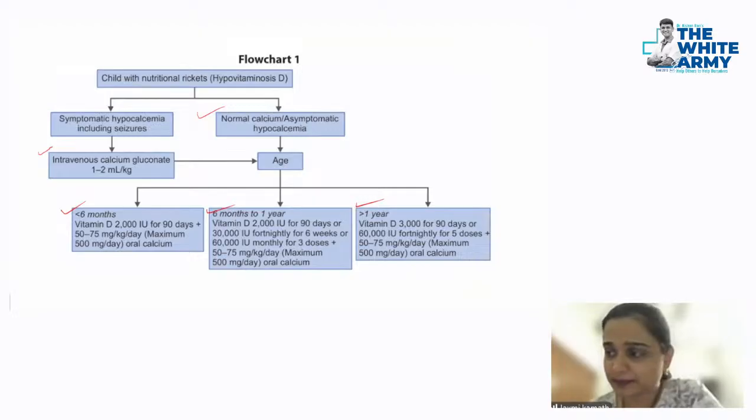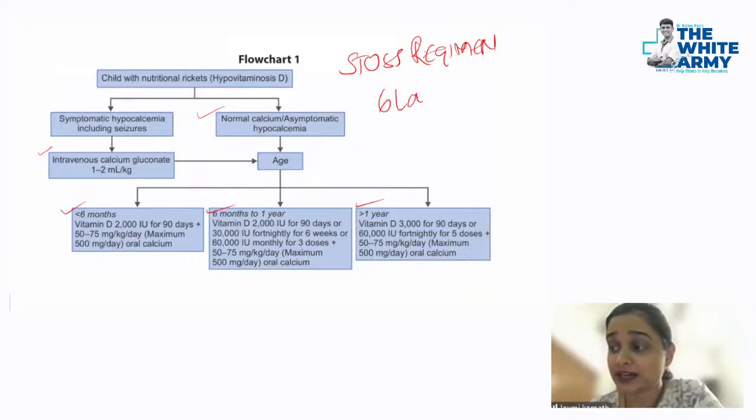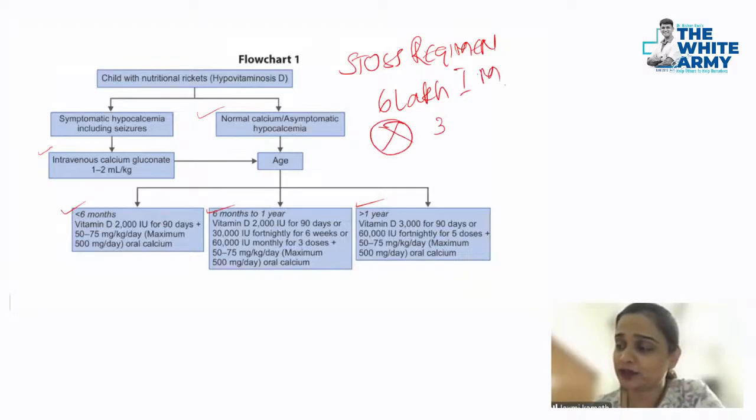Now, previously something called the STOSS regimen was followed, wherein at a stretch we'll give 6 lakh international units IM for the child. Now, this is contraindicated, especially below 3 months. But above 3 months, if we suspect that the patient might never turn up or not come for follow-up, we can still stick to the STOSS regimen.